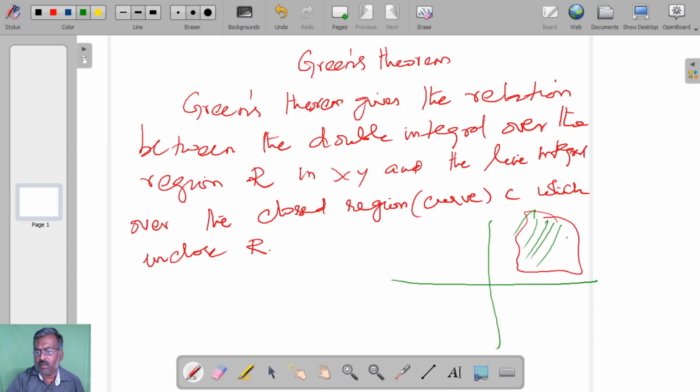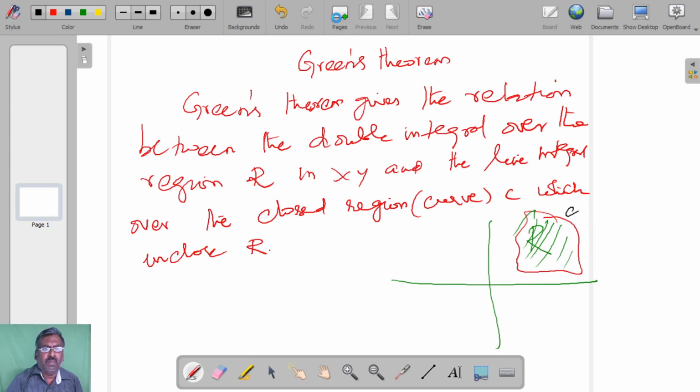This is a region R. The curve is C. So now we are finding the relation between the double integral in the region R and the single integral in the closed curve C. So Green's theorem is related with the double integral in a particular region and the line integral, single integral over the closed curve C.